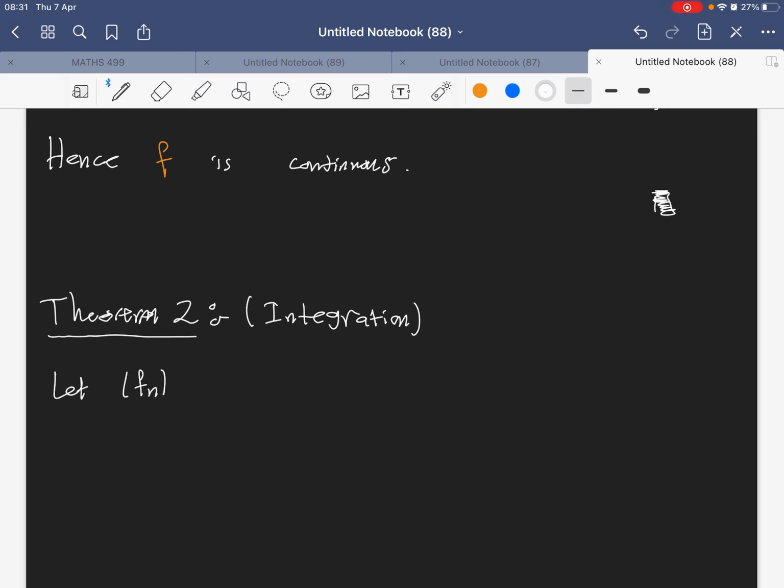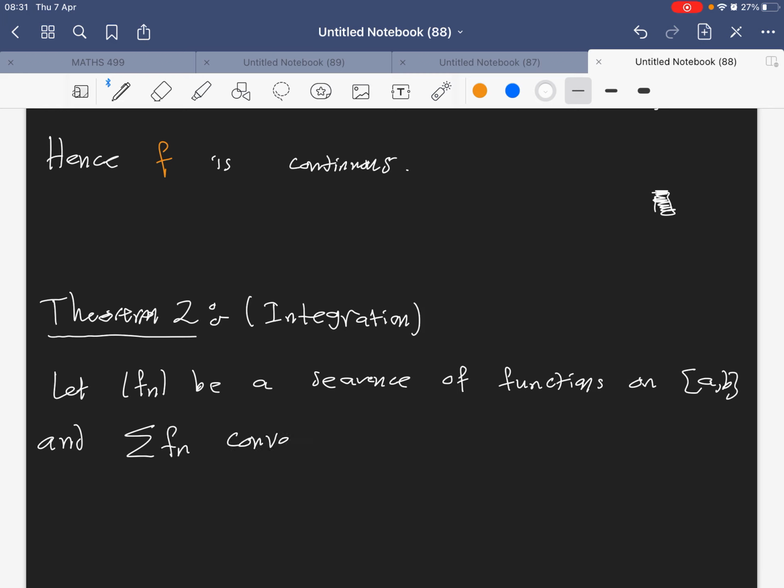Let fn be a sequence of functions on [a, b], and the Sn converges uniformly to f, the same as before.